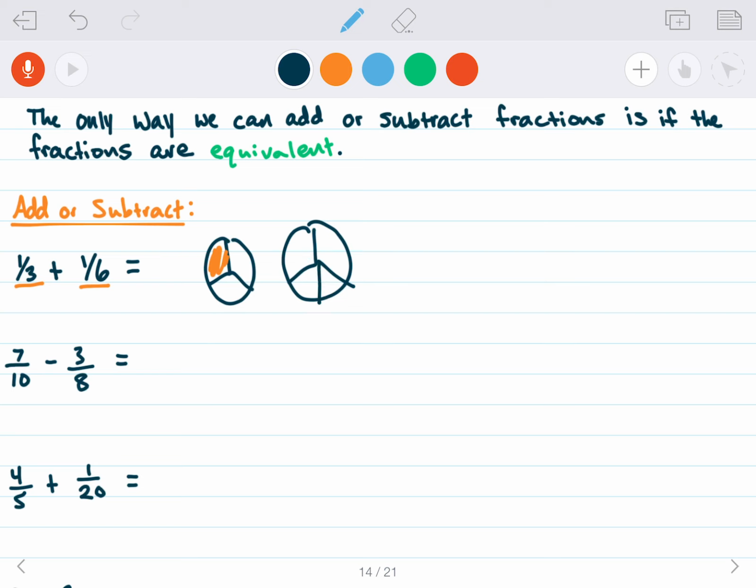I'm not the best at drawing these fractions, but it's okay. That'll do, I guess. So we're taking 1/3 and adding 1/6, and you're like, what is that going to be? I'm not really sure.